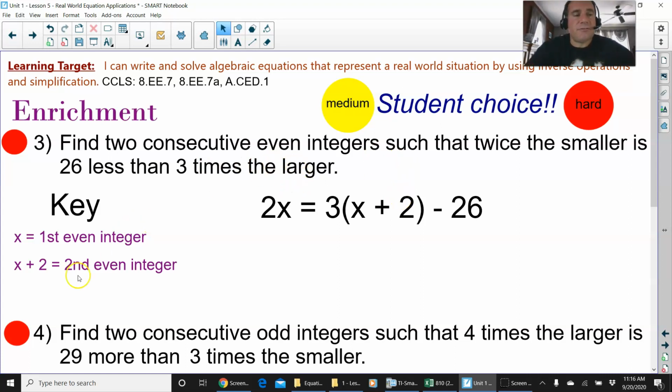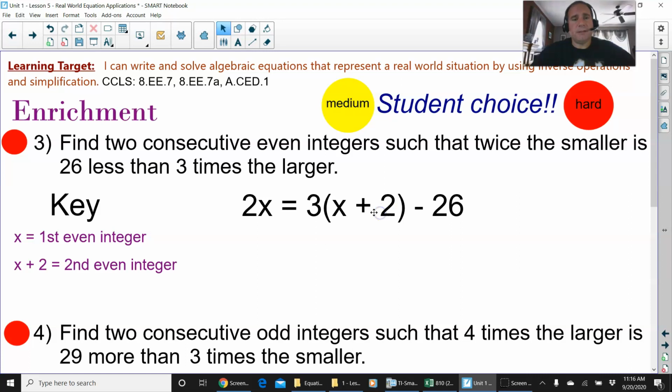So what I did was 3 times x plus 2 minus 26. These would be equal here now. Because if this is 26 less, you could put the plus 26 here, or you could put minus 26 here. Either way, you could figure it out.